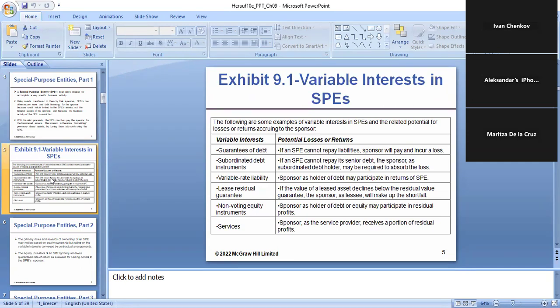Now, if the value of the leased asset declines below the residual value, then the sponsor is the one who's going to take the shortfall. For the non-voting equity instruments, the sponsor, as a holder of the debt or equity, may participate in the residual profits. And for the services, the sponsor, as the service provider, receives a portion of the residual profit in this case.